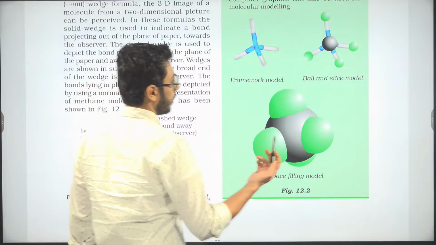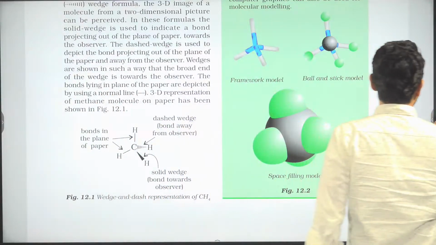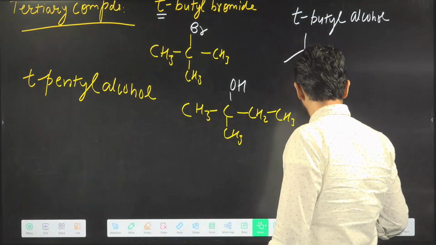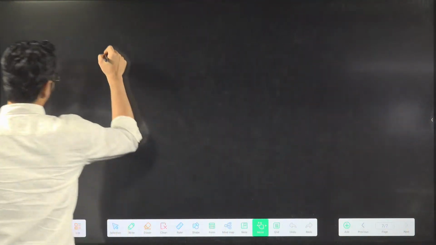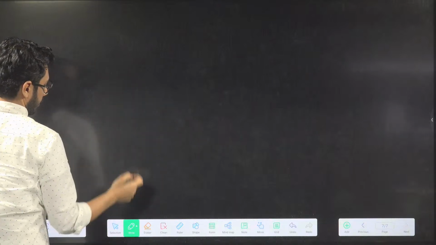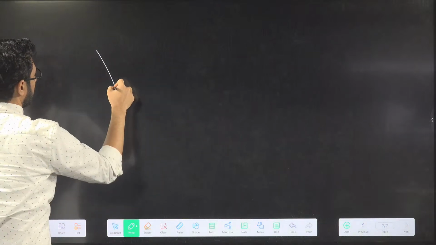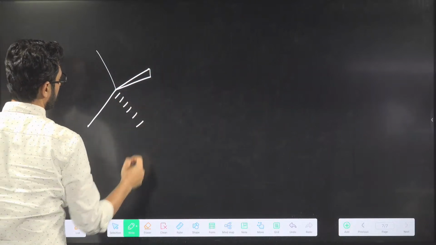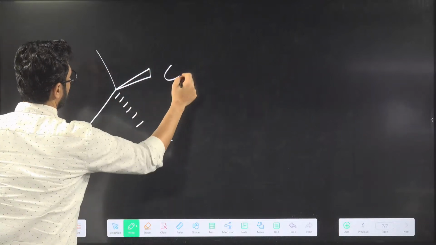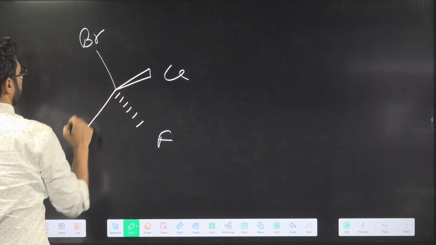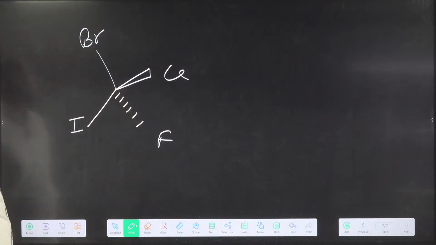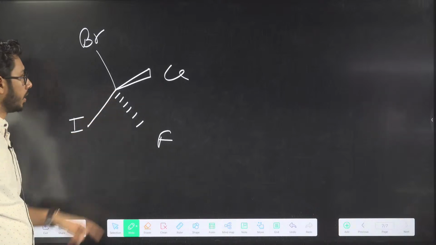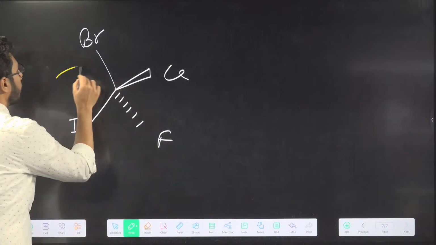So here, if I write this compound, this is what? The center point is carbon. These are normal bonds.